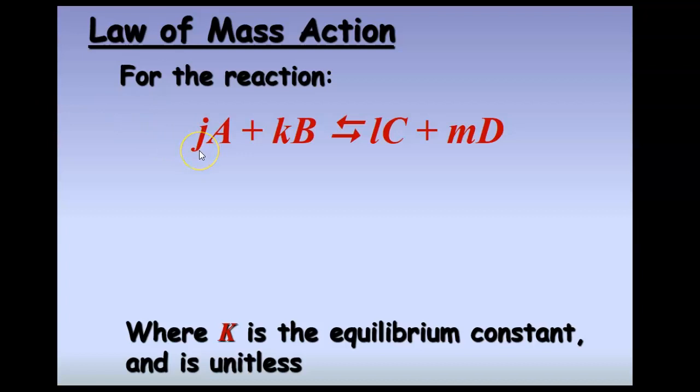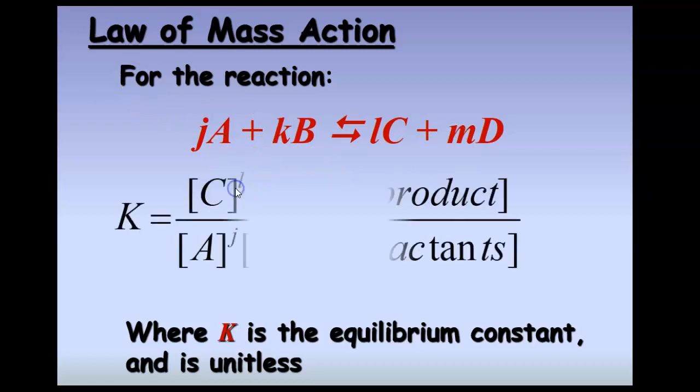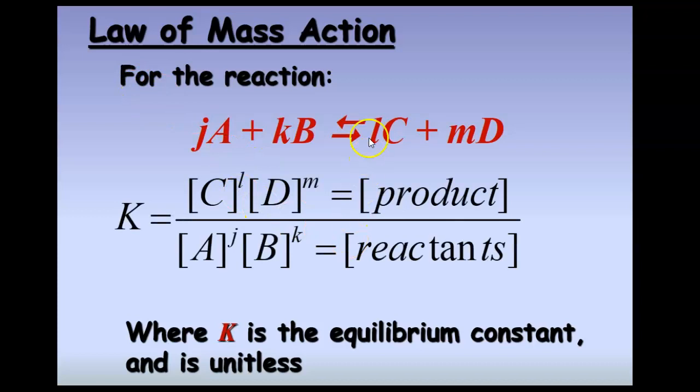So your j and k are the reactant coefficients, and your l and m are the product coefficients. In this case, the mass action expression is going to be products over reactants. Whatever you produce over whatever you started with.